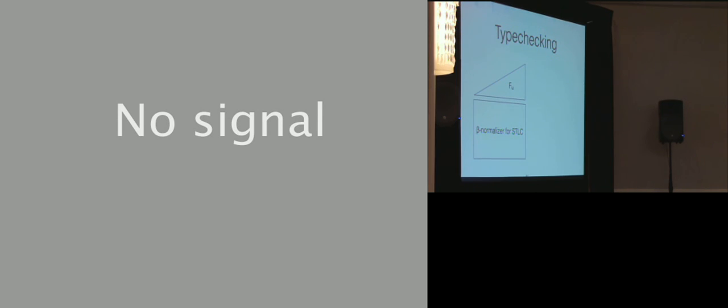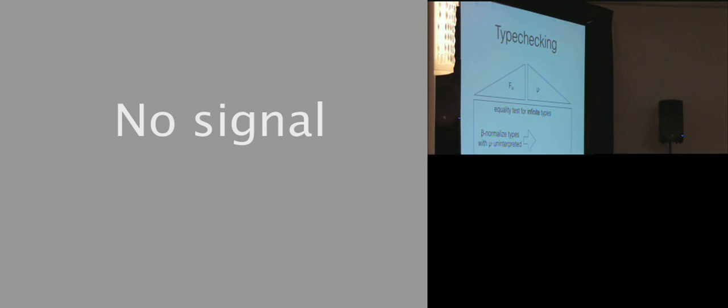And that can be done by normalization. However, after we add fixed point combinator to the language, even for the rank 1 situation, the types become infinite. And we cannot just normalize. So what do we do? First, we normalize those types, leaving the fixed point combinator uninterpreted.